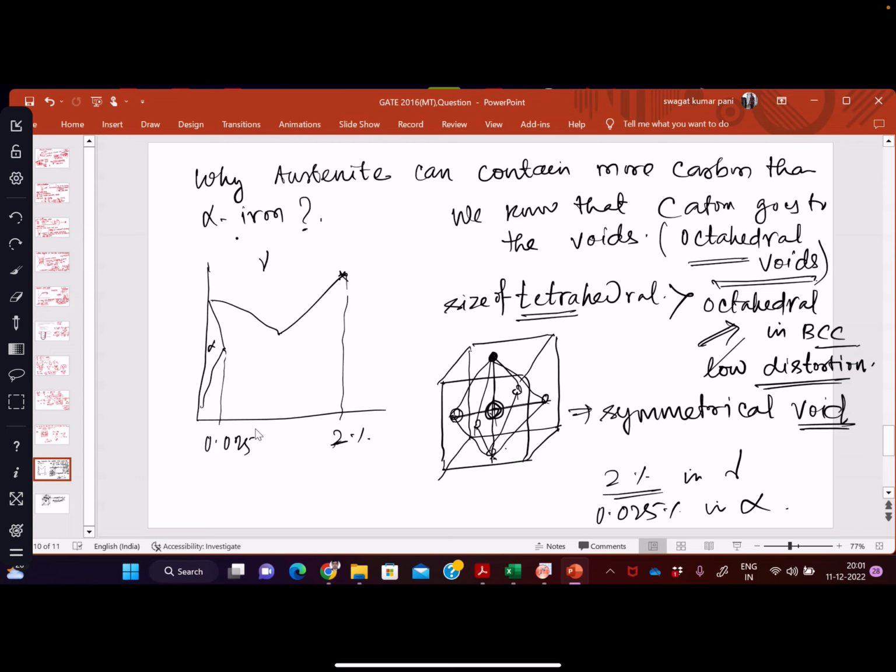Sir, so means if the carbon atom is diffusing, it will diffuse only through the octahedral voids, or during diffusion can it occupy any of the voids? During diffusion, it may occupy any of the voids, but it prefers to go to the octahedral voids. Okay, sir. During diffusion, I think it can go through any void.